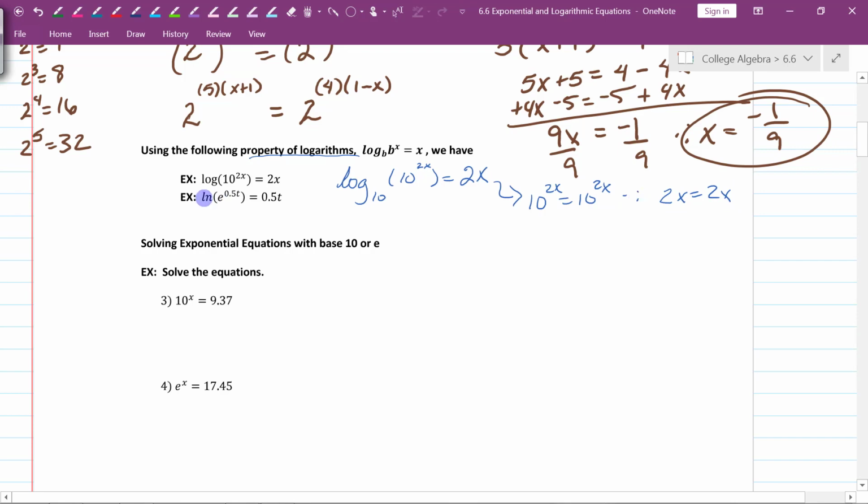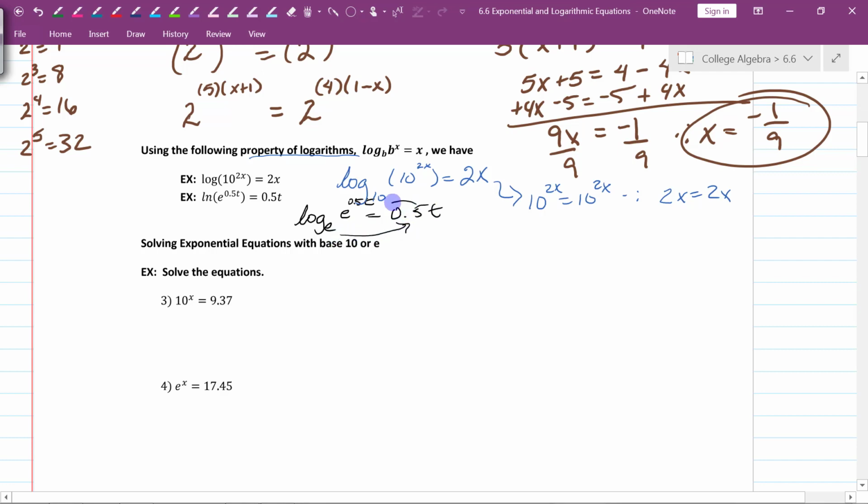This is the natural log. So if I have the natural log, that's the same thing as log base e. So this is log base e of e to the 0.5t is equal to 0.5t.